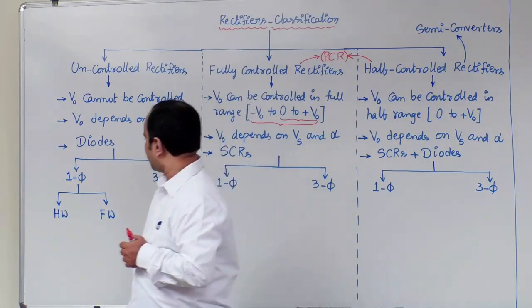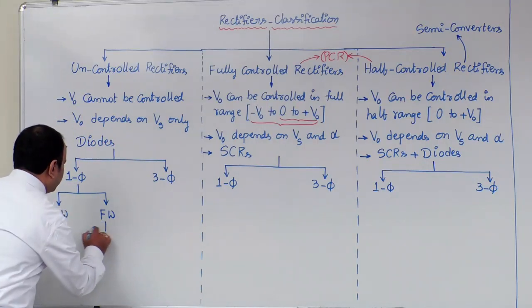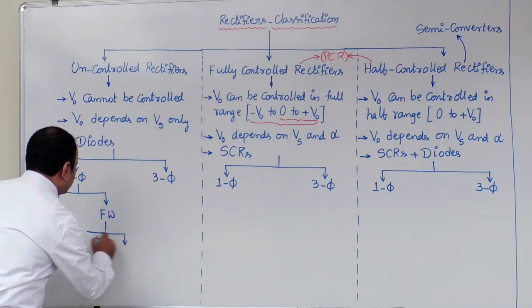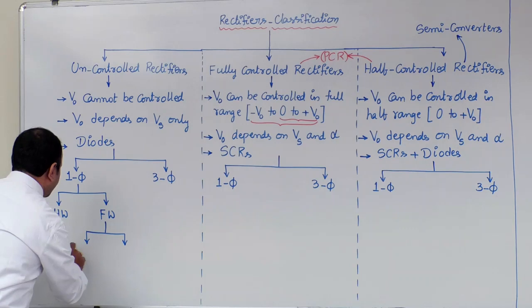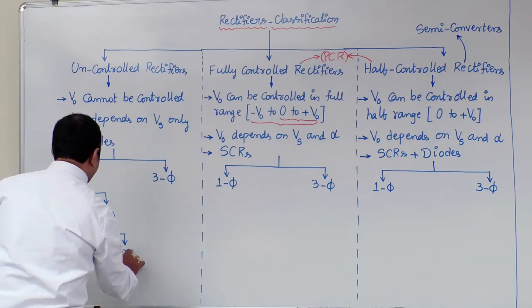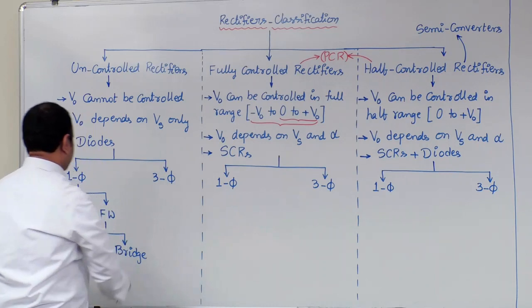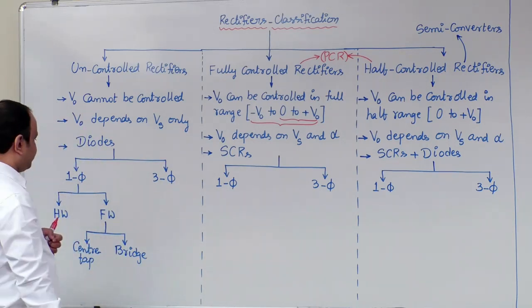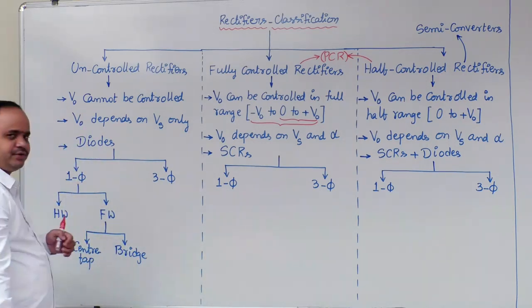Next, full wave are further classified into two categories: center tap and bridge configuration. This is a subdivision.